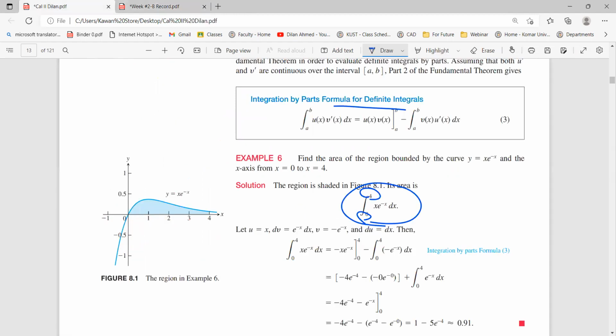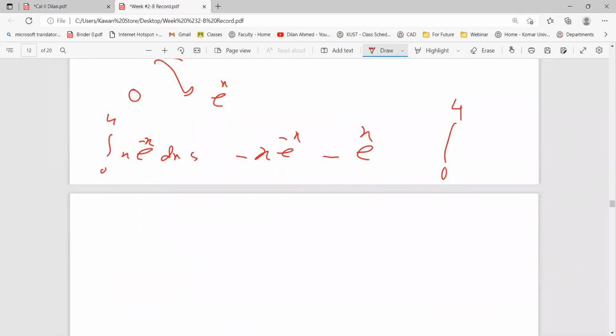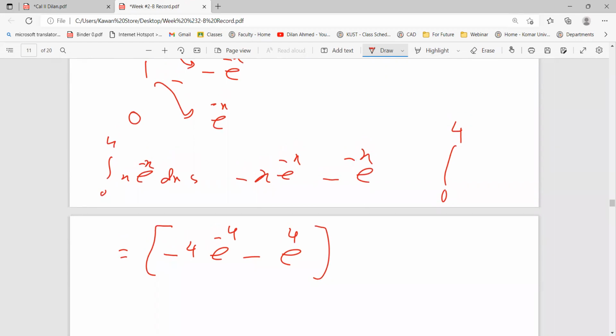Instead of writing 0, we are going to write it like that. So it will be 4 e to power minus 4 minus e to power minus 4, and minus 0 e to power 0 minus e to power 0.